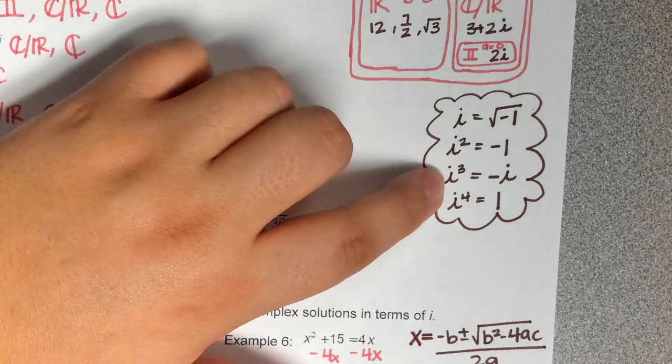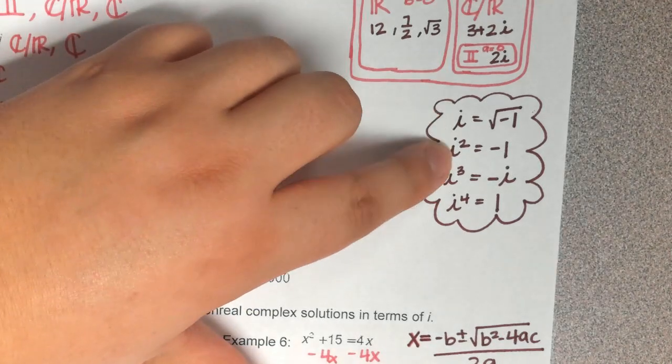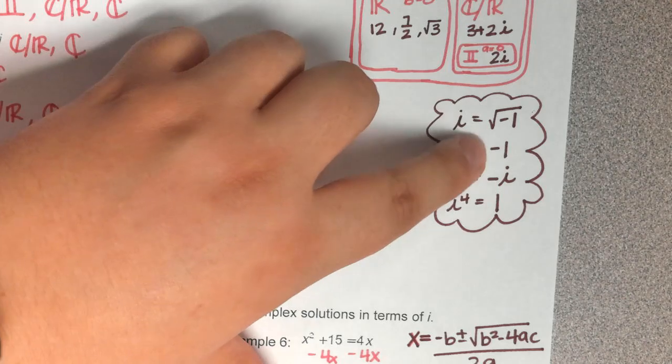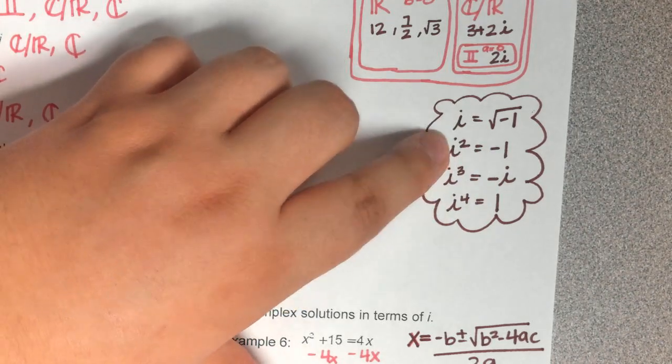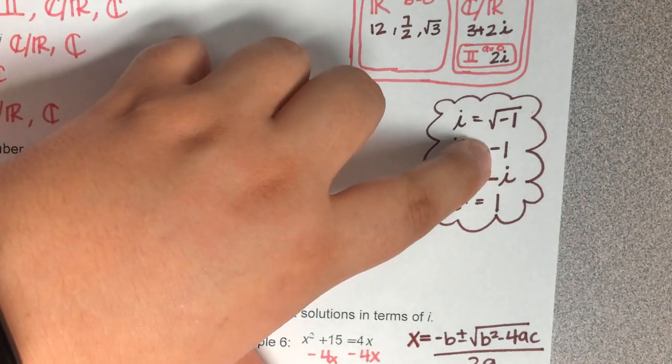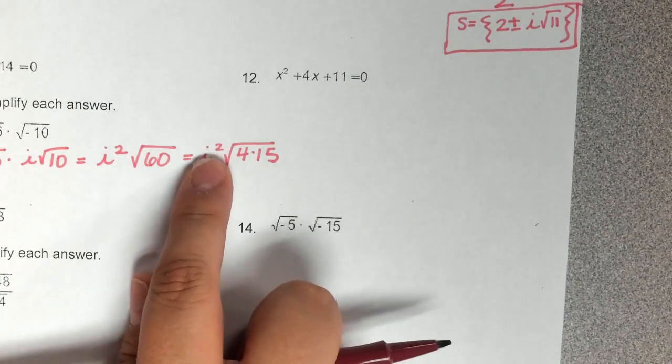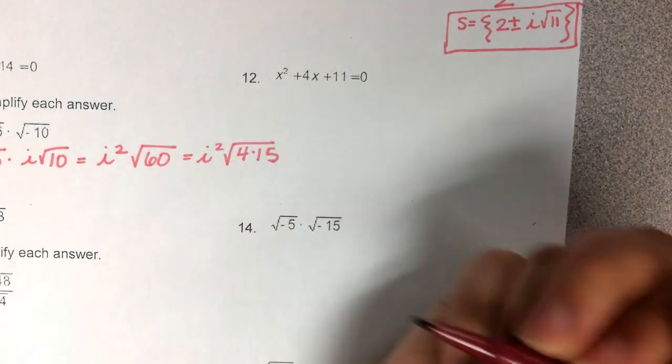Well, if you think about it, i to the 3rd would be these two together. So it would be negative, and then that's i. That's where it comes from. And then i to the 4th would be this one squared. What's negative 1 squared? That's where it comes from. Okay? All right, so let's go back here. We have i squared. What did we say i squared was?